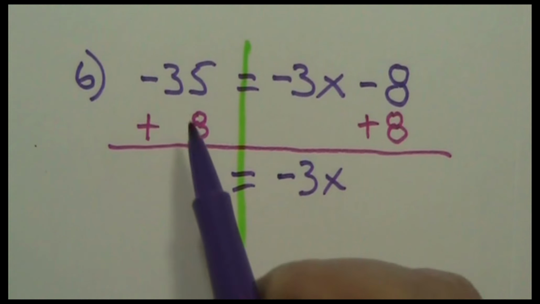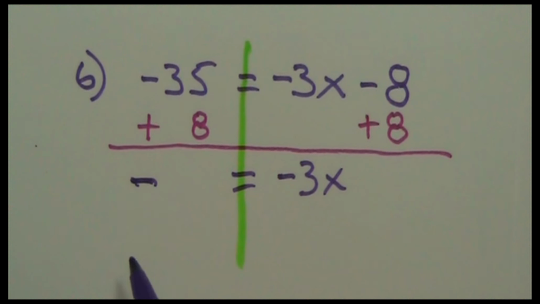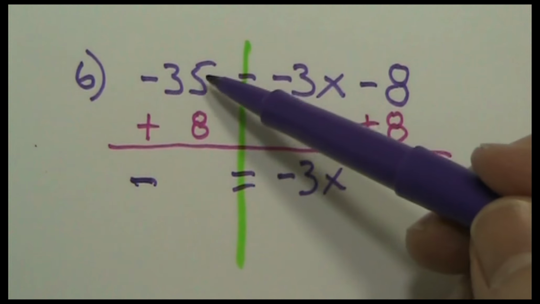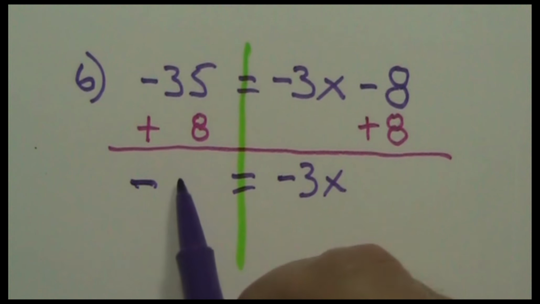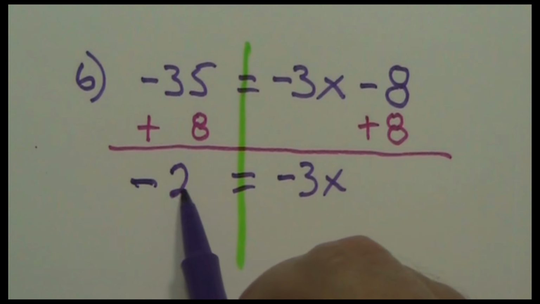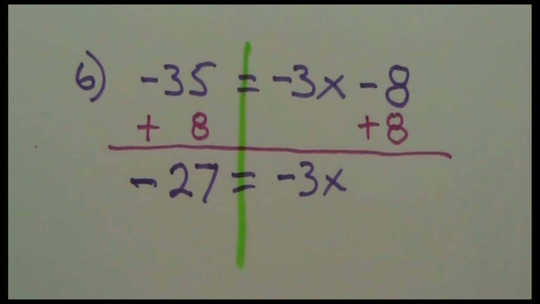On the left side, there's more negative, so I know the answer is negative. So basically it's like 35 take away 8. And I believe that's 27. So it's negative 27.